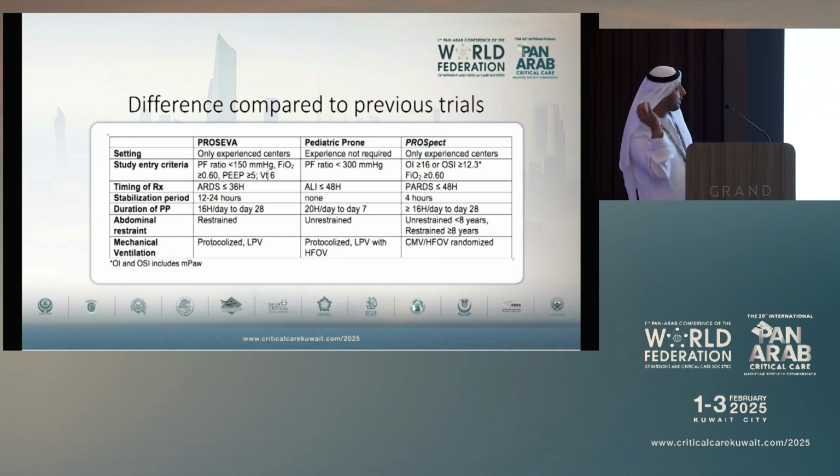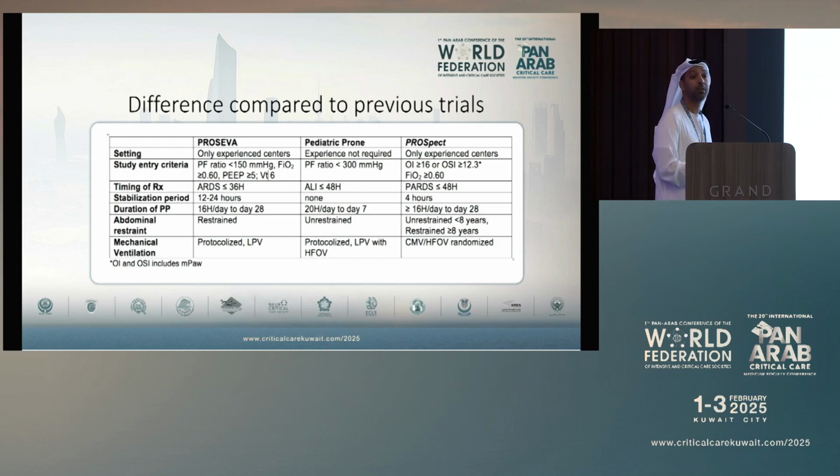So if you look at the previous trials, in terms of positioning, proning versus supine, this is the adult trial which had improved outcome with proning. But the pediatric trial, also done by Dr. Curley, did not show any benefit. But the drawback of this trial is that they used a PaO2/FiO2 ratio less than 300.